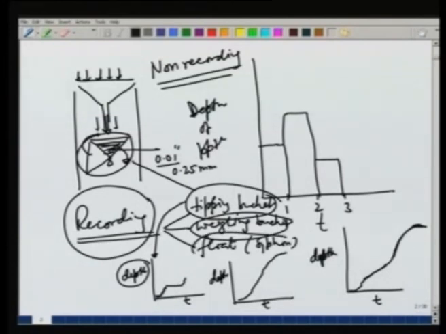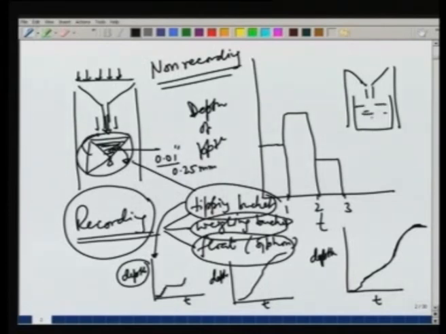Similarly, a float or a siphon has again collected through a funnel. There may be a chamber here in which there would be a float which would rise with water, and this float will be connected to some measuring instrument which will record the location of the float and therefore, the depth of rainfall continuously.